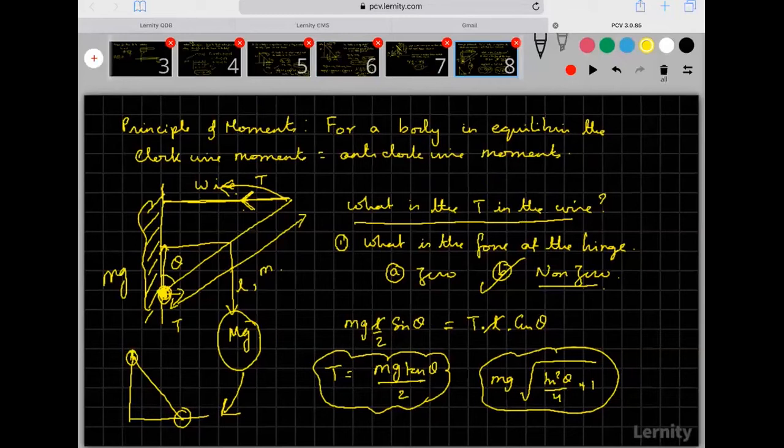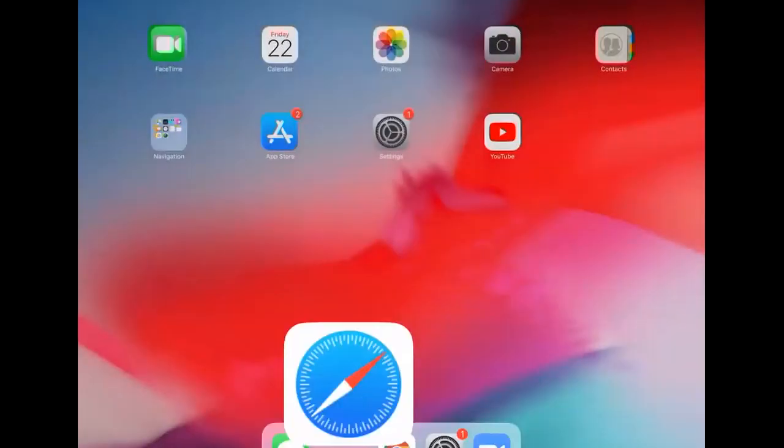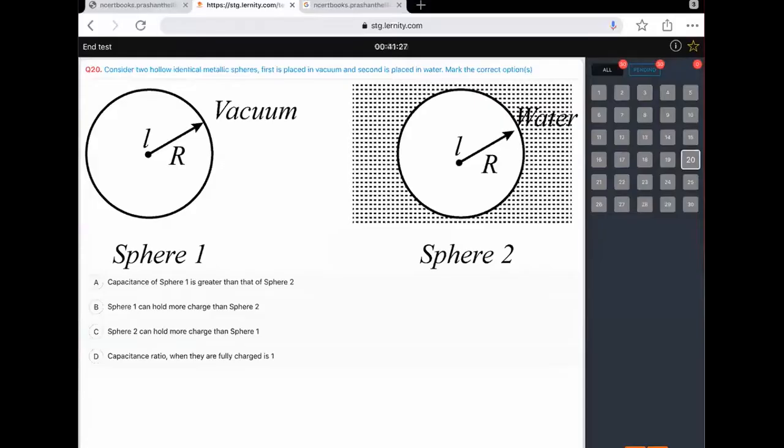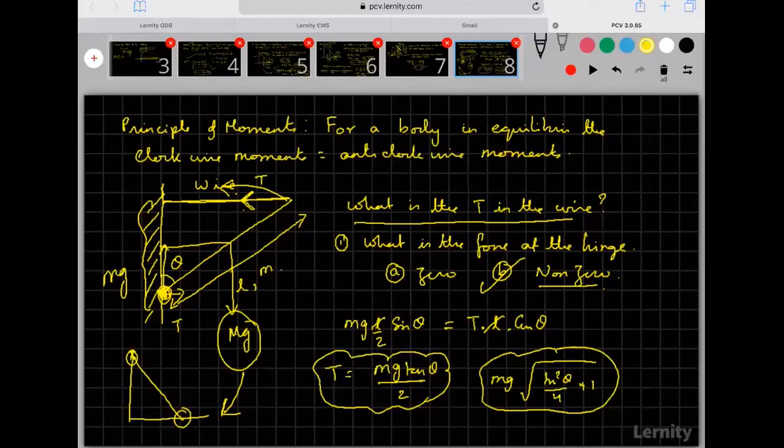Okay. So I hope that cleared all of you. Most of you made a mistake in your thought. So if you can make notes, we'll move on. So I found out the tension. Tension is equal to mg tan theta by 2. Okay.